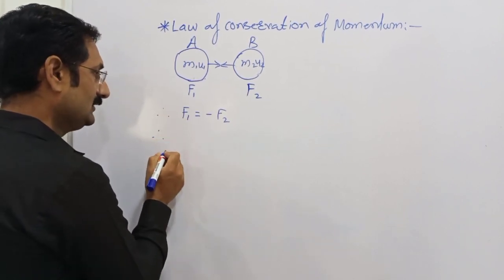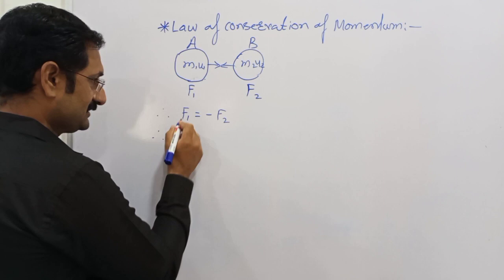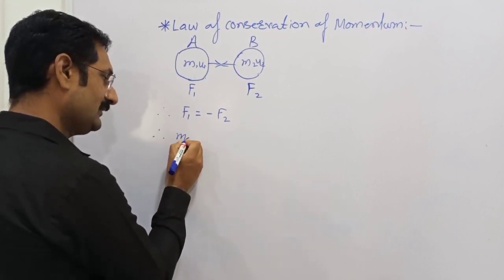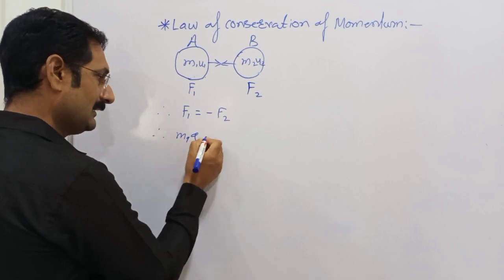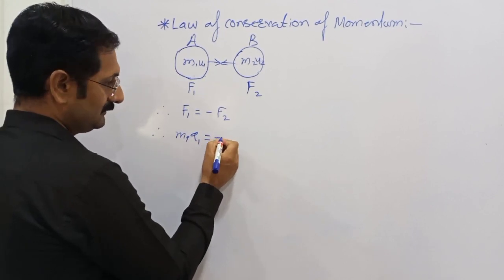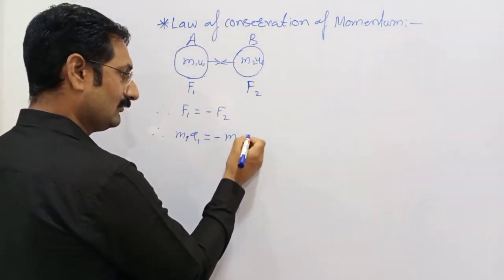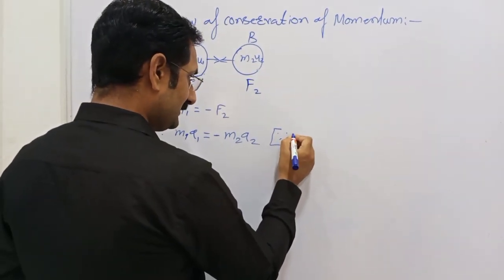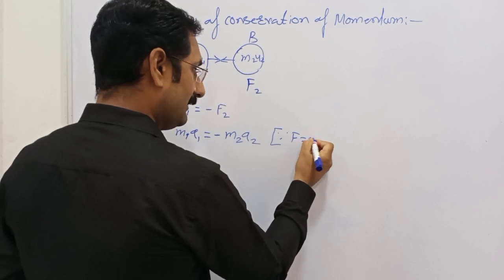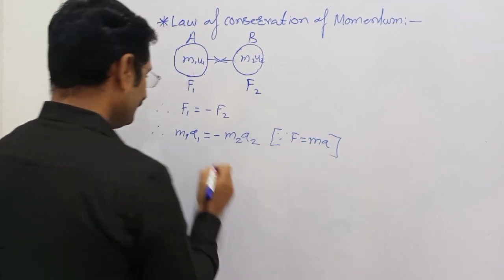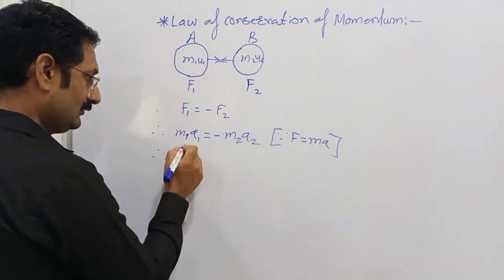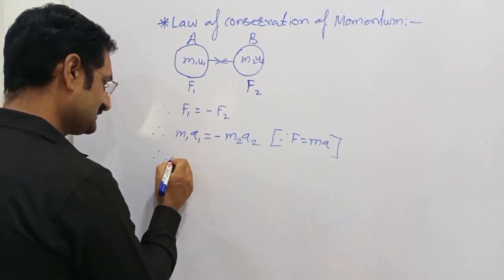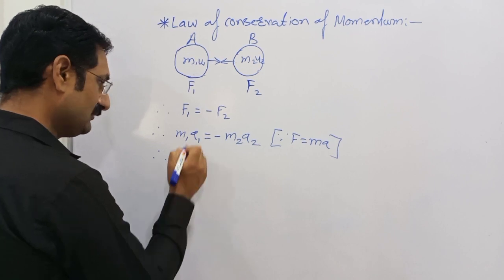Now, according to the force equation, F is equal to ma. So F1 is equal to m1a1 and F2 is equal to m2a2. This is from the force equation F is equal to ma. Now we know the formula of acceleration: a is equal to (v minus u) upon t.